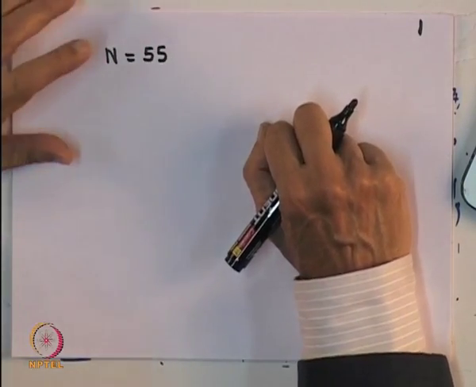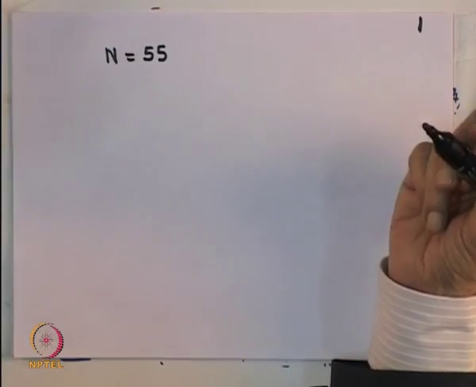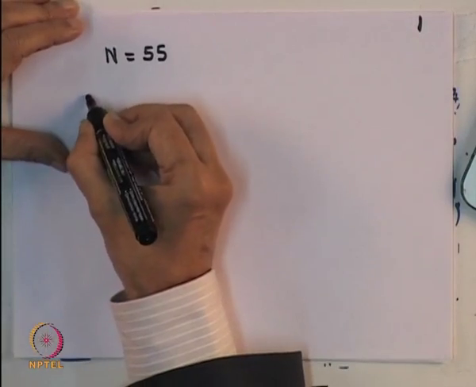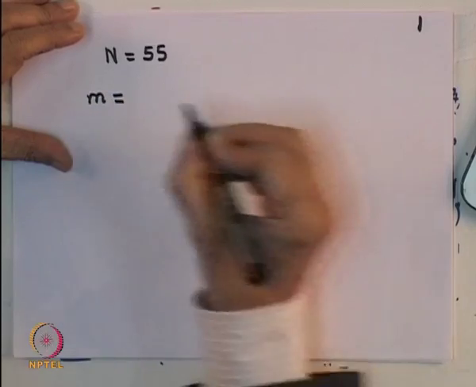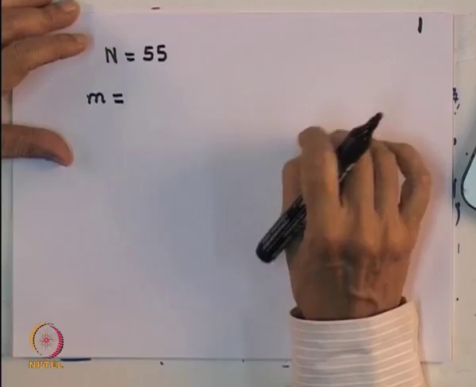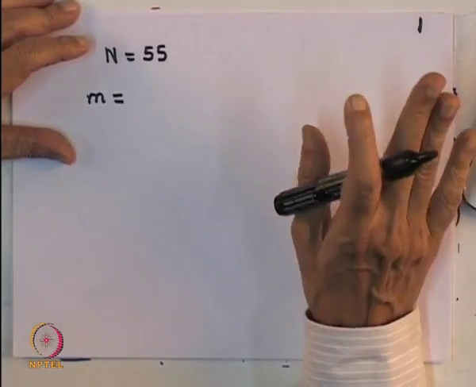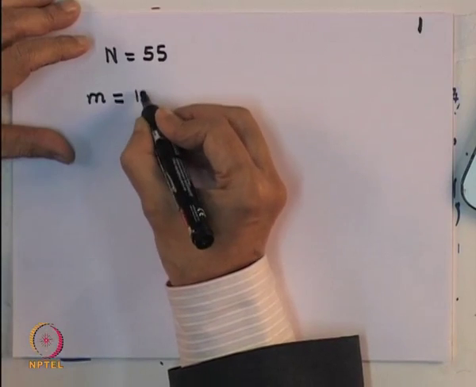Now if N is equal to 55, which of course I know has factors 11 and 5, let me choose m. In principle I could choose m to be anything other than a number which has either 5 or 11 as a factor. But let me just randomly choose the number 13.